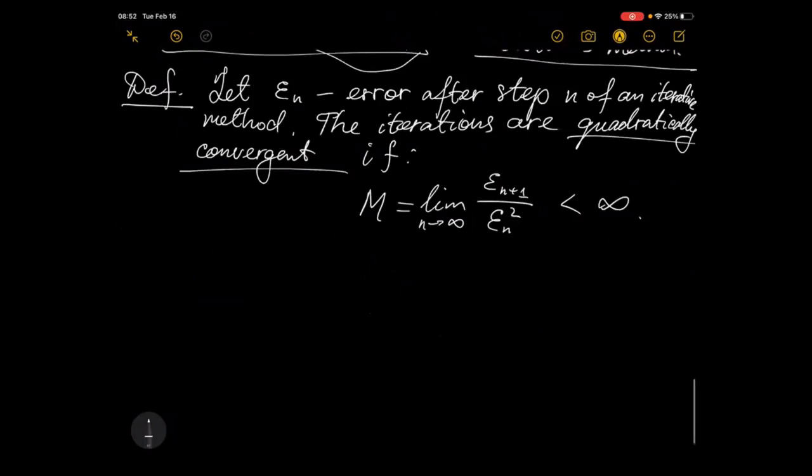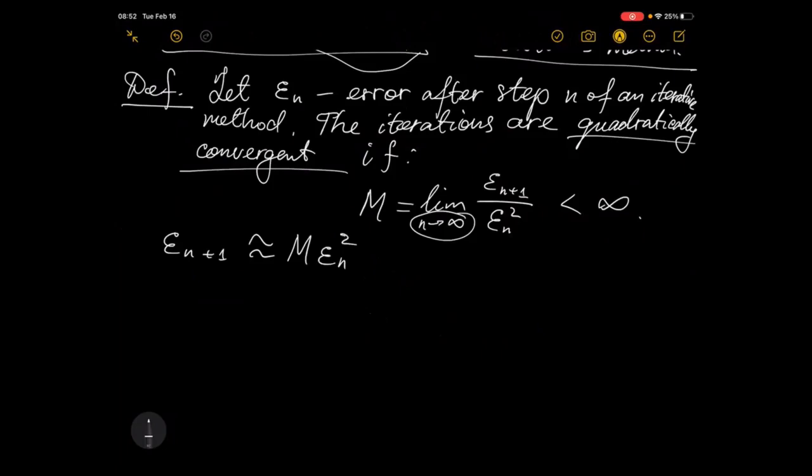Or in other words, epsilon_{n+1} is approximately a constant times epsilon_n squared. Pay attention that this works only when n is large enough.